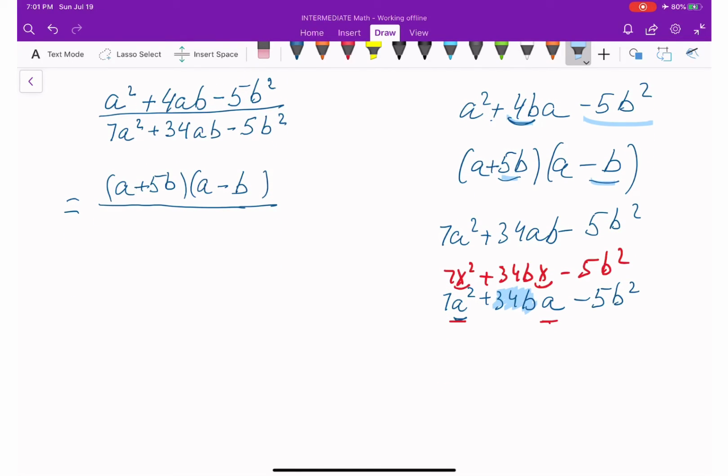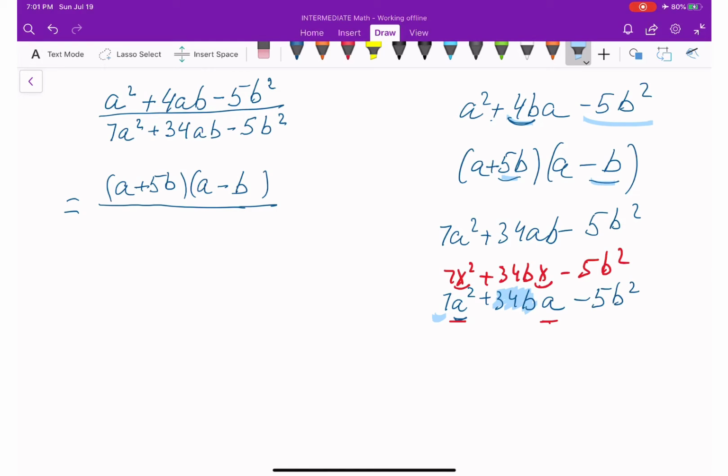Now, in this case, we have 7, which is a coefficient. So therefore, we are going to go through discriminant and calculating x1, x2. First of all, as I mentioned last time, we always have to check if there is a common factor. So 7, 34, 56.